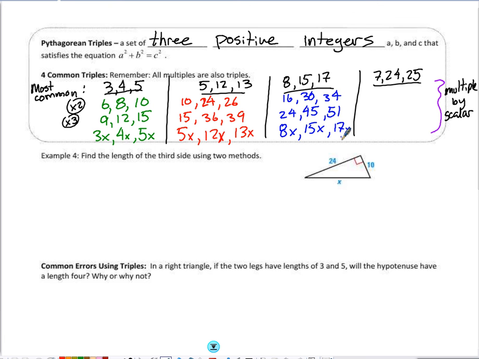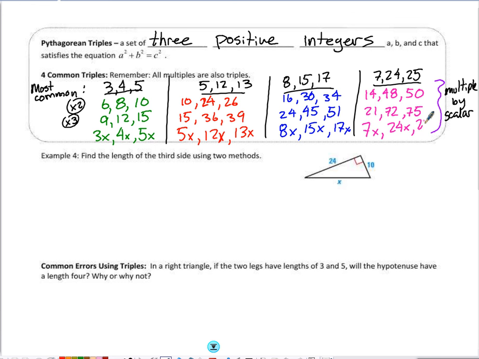Last but not least, we have 7, 24, and 25. Multiply them all by 2, you get 14, 48, and 50. Multiply them by 3, you get 21, 72, and 75. So we're going to follow that exact same pattern for all of my triples.